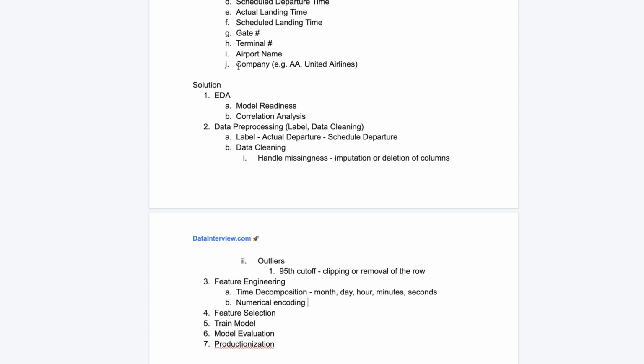And the way I could do that is by doing some aggregation. So I could do some aggregation like the historical average delays in minutes per gate. I could also do it at the terminal, and I could do it at the airport. So that information is going to help compress it.